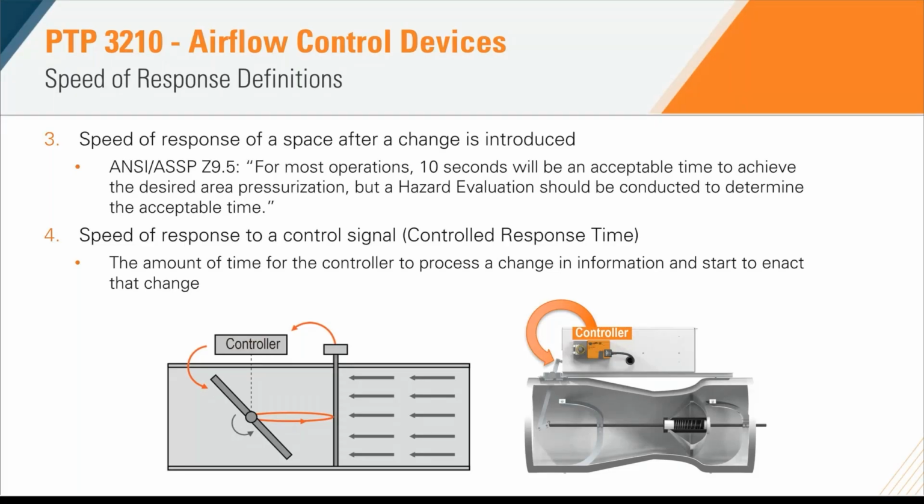The next speed of response definition is the speed of response to a control signal, the controlled response time. Essentially, this is the amount of time it takes the controller to process a change in information and start to enact that change. That can be dialed in based on the parameters available. For the legacy or high accuracy terminal units, we may have the ability with control parameters to speed up the controlled response time or slow it down.